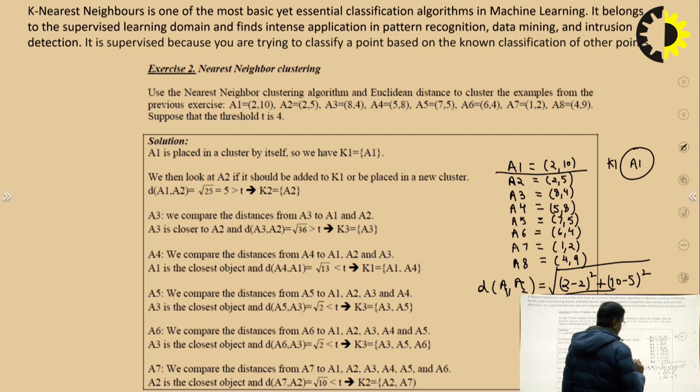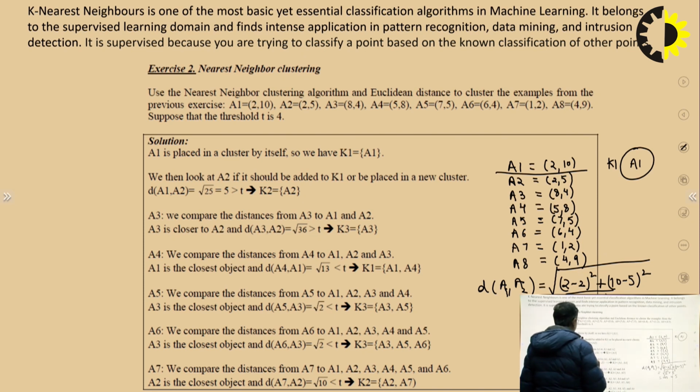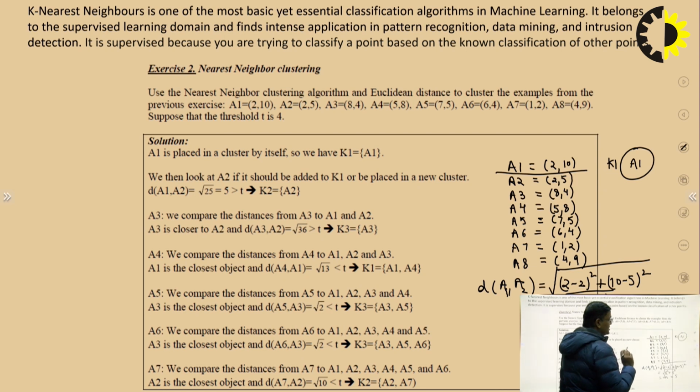So we check this Euclidean distance against the threshold value, which is 4. If the Euclidean distance is greater than the threshold, then the point under consideration will go into a new cluster.